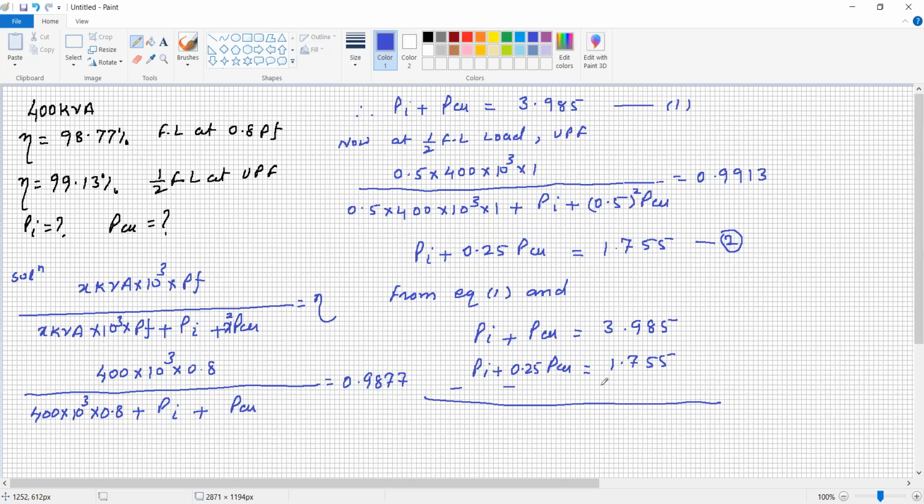Change the sign, so Pi gets cancelled, minus and plus get cancelled. So 0.75 PCU is equal to 2.23.